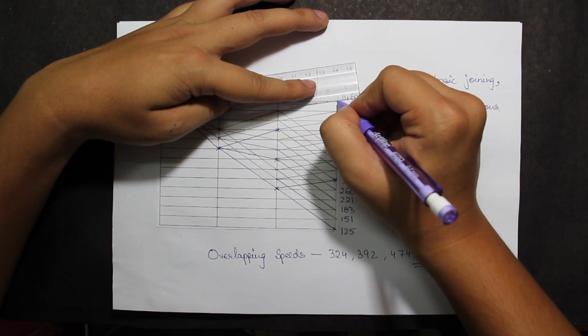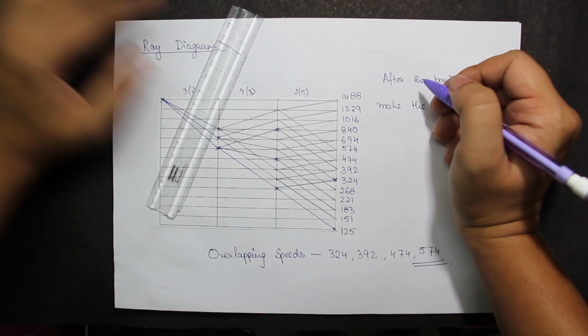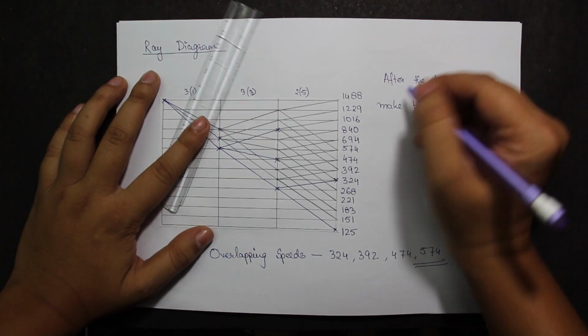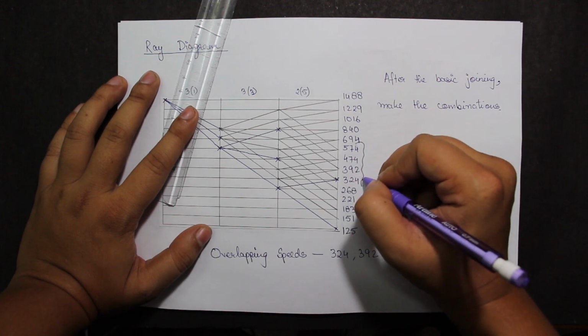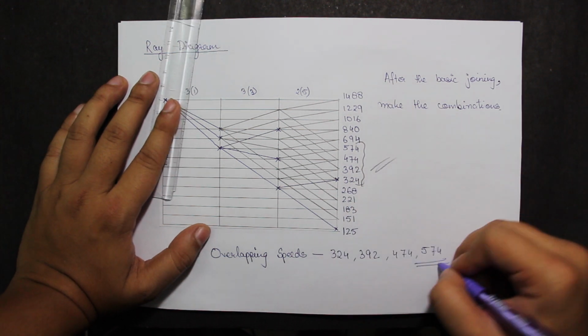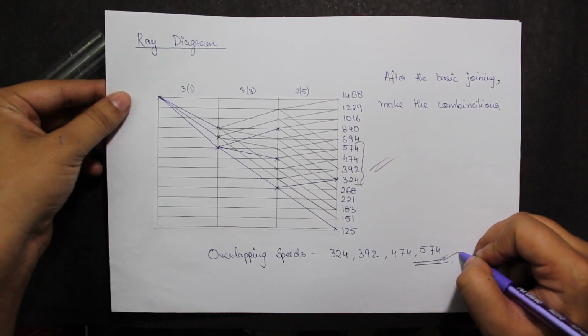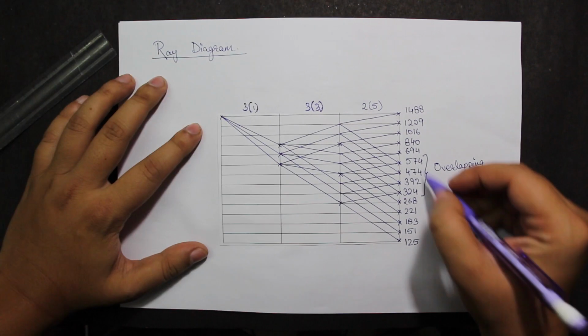As I see over here, I get 4 overlapping speeds, that are 324, 392, 474 and 574. Finally, my ray diagram looks like this with those 4 overlapping speeds.